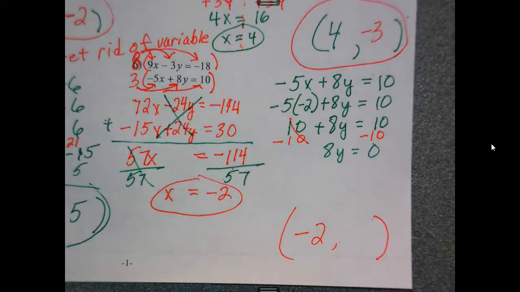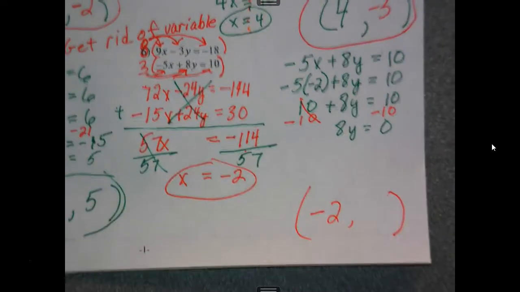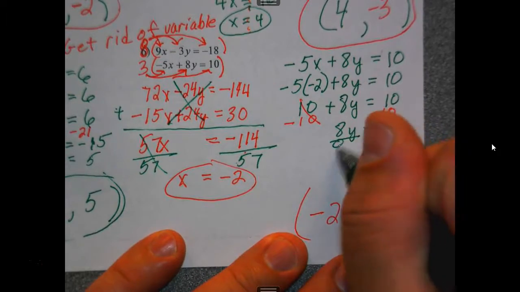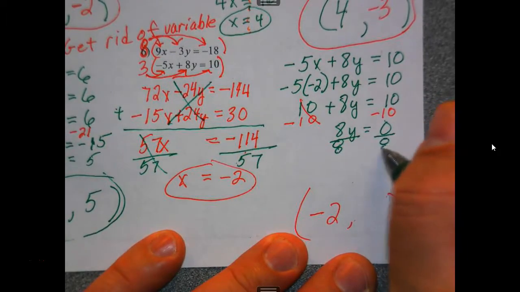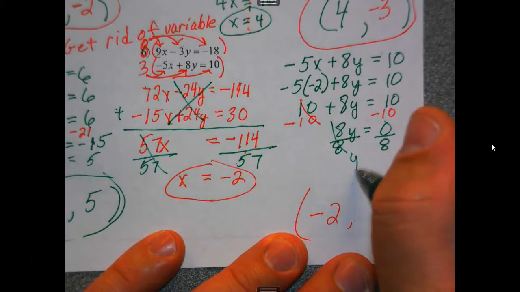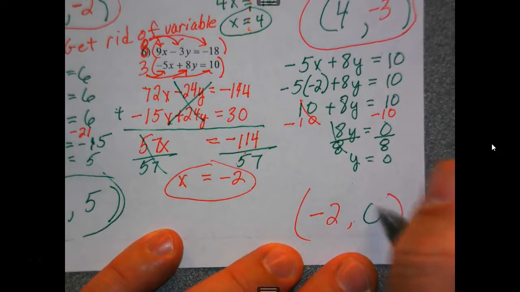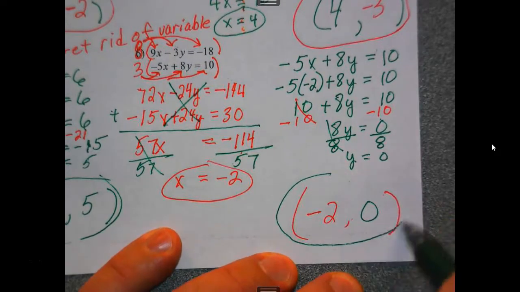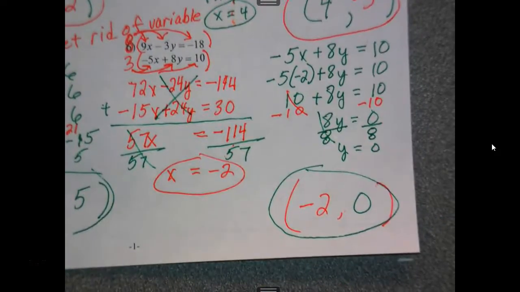And this is where some students say, hey, I can't do this anymore because you get 0. No, 0 is a number, okay? Divide both sides by 8 to get y by itself. y is 0. They intersect at exactly one point, and that point is (-2, 0).